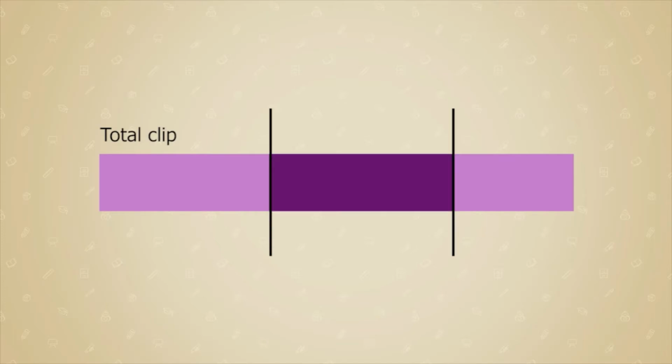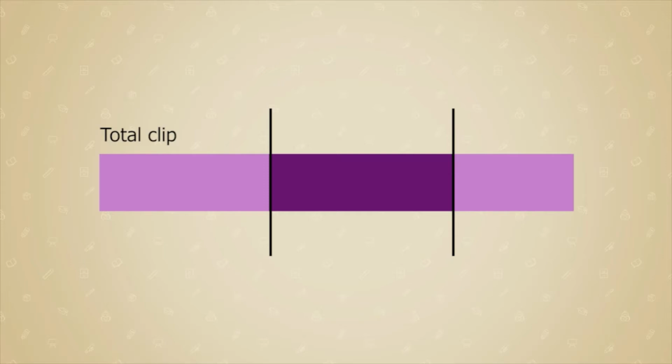Let's take a look at a better visual presentation. This is our clip, and we have set an in and an out point. So the actual clip that we see in the timeline is only the purple highlighted piece. The other information around it is still there, but it's not part of the clip inside the timeline.